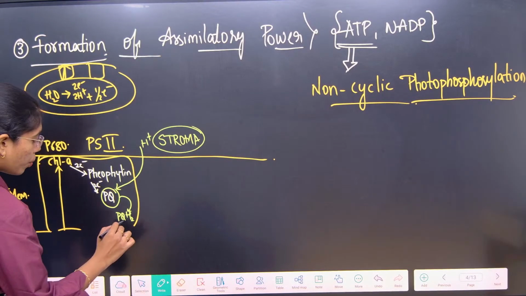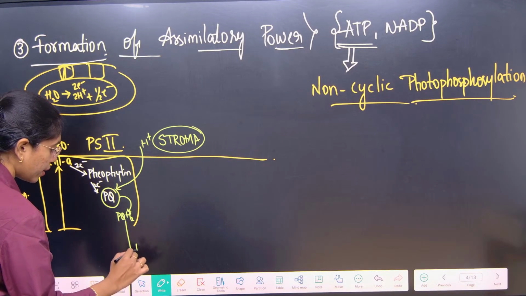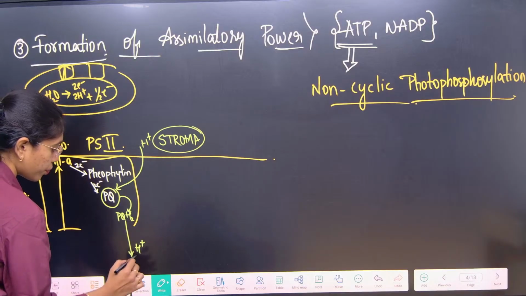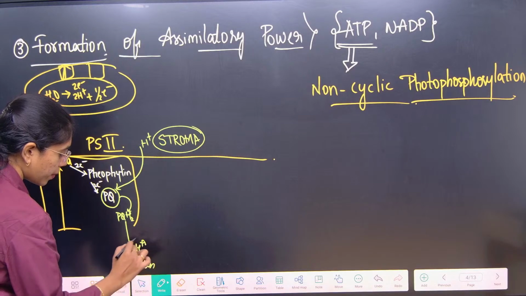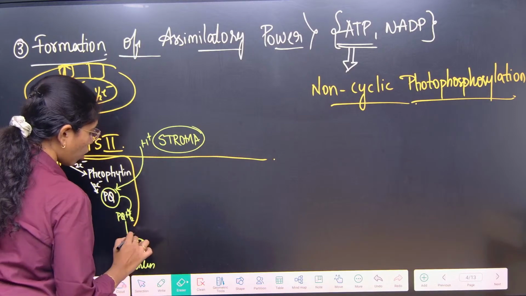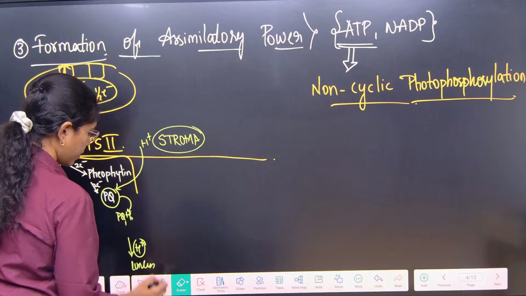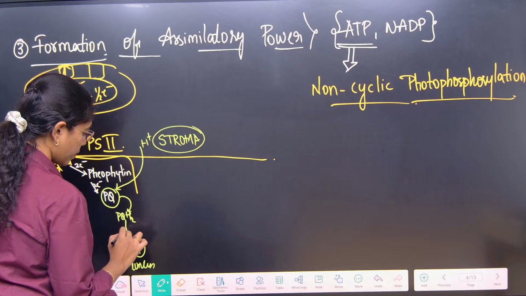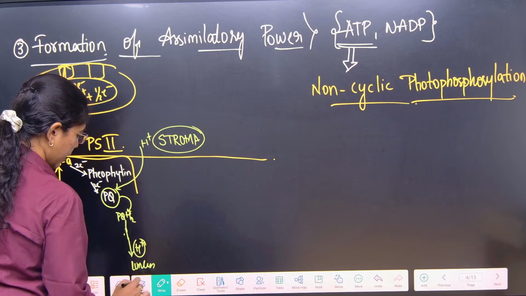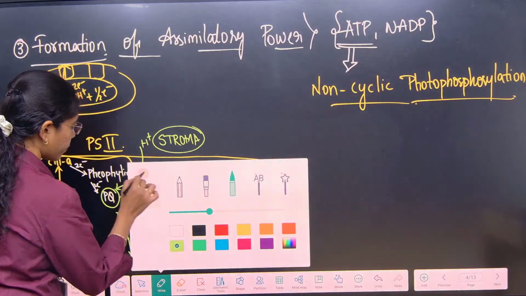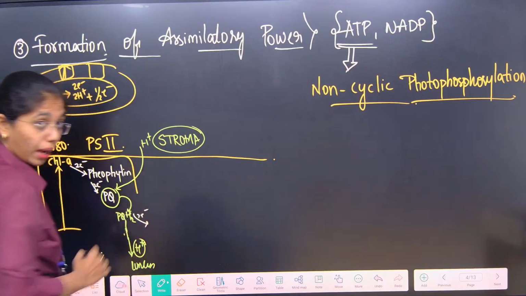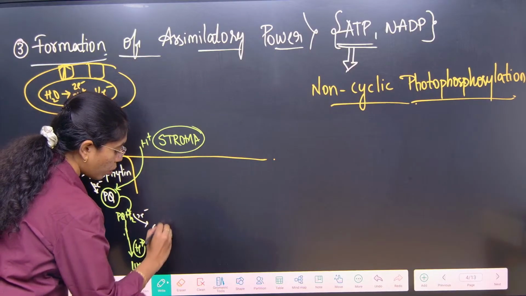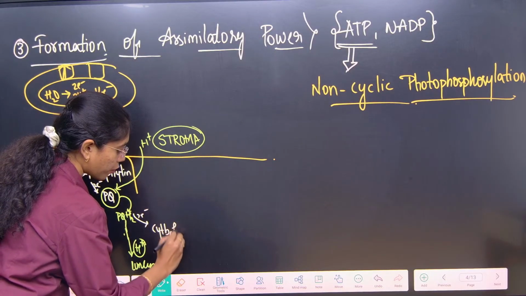From here, protons are submitted to the lumen and electrons are pumped to the cytochrome B6F complex.